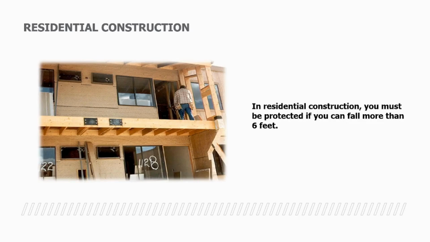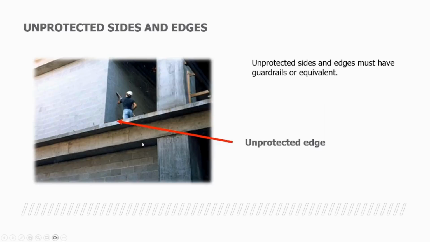Residential construction. In residential construction, you must be protected if you can fall more than 6 feet. Unprotected sides and edges must have guardrails or equivalent anytime that you have an unprotected edge or a side that is open within that area.